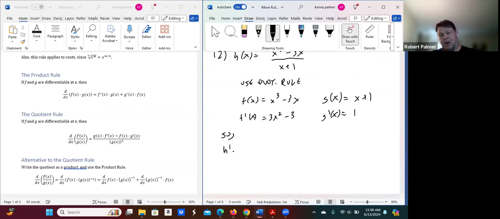So h prime of x is going to be, for a big fraction, the denominator squared, so x plus 1 squared.